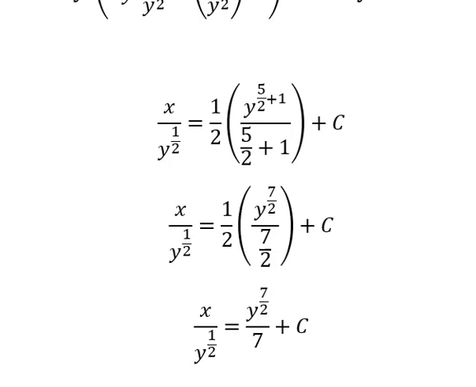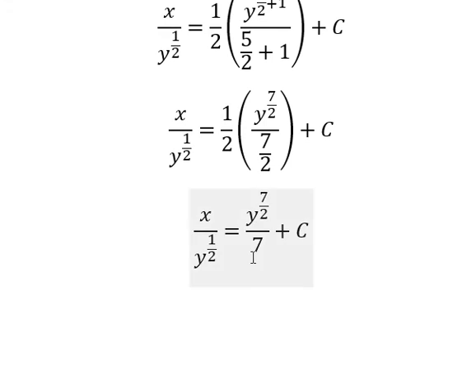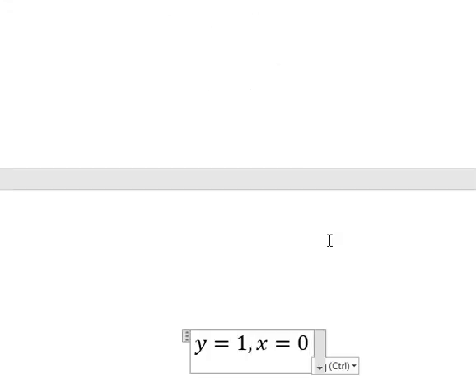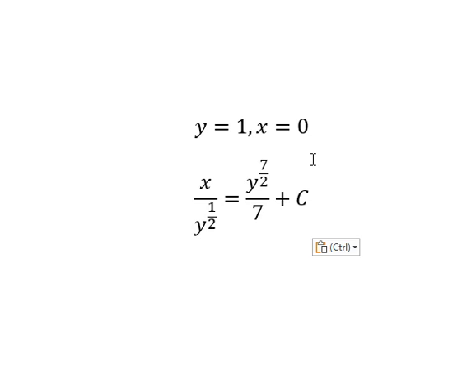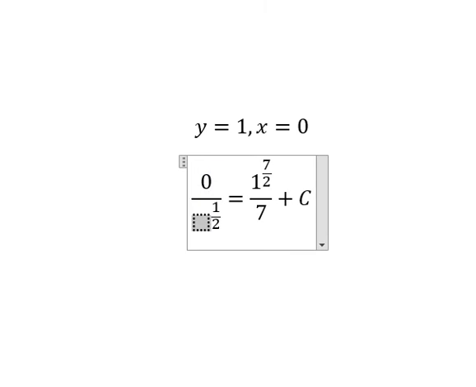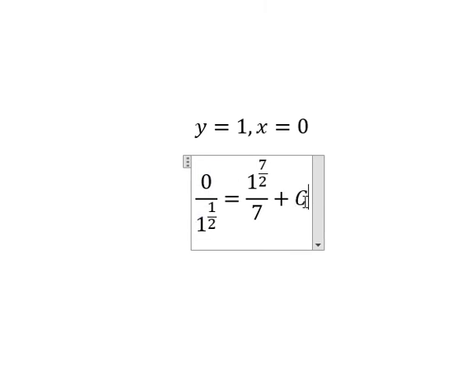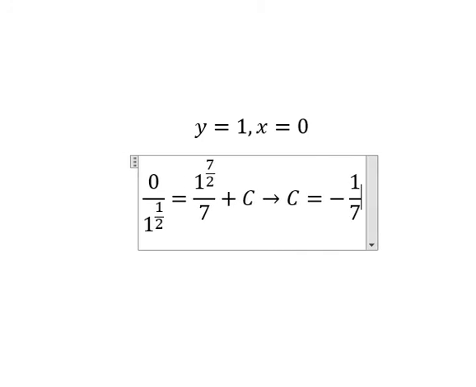Now we have the conditions. So I will put number 1 for x here, number 0 for y here, to find the value of C. So C equals negative 1 over 7.